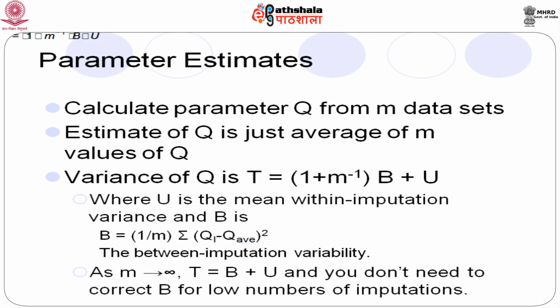So the variance of Q can be computed as T, which is U plus (1 plus 1 over M) times B. B is the between-imputation sum of squares given below, and U is the mean within-imputation variance. So as M tends to infinity, this T tends to the true variance of the estimate Q. Okay, so this is how the multiple imputation has to be done, and the parameter estimation has to be done, and accordingly the multiple imputation has to be done to fill in the missing data.